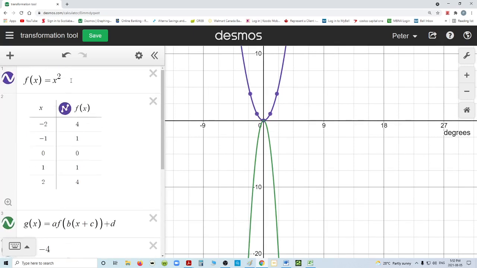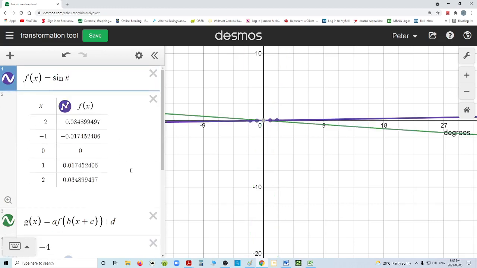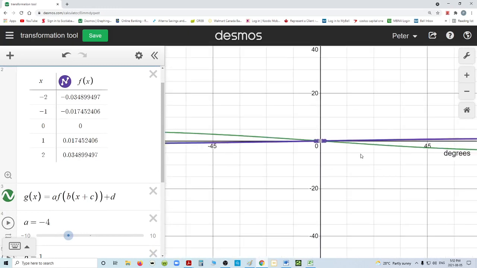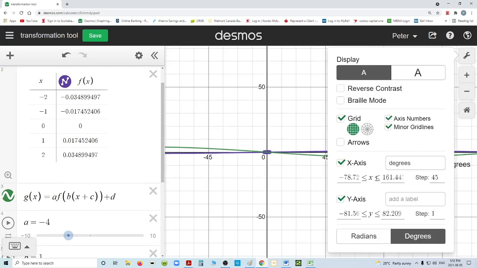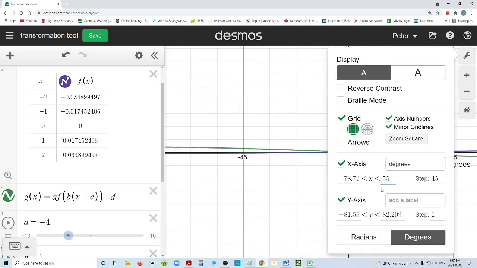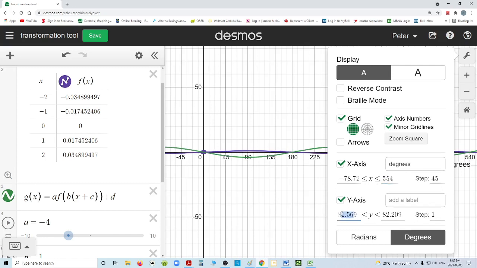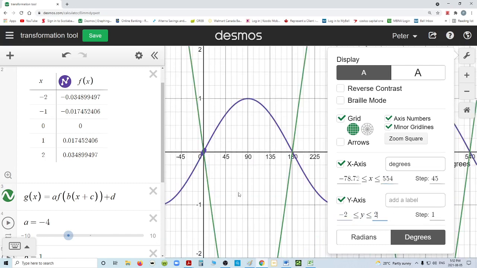And the nice thing is, no matter what the parabola, no matter what the function is, so if it's sine x, that transformation, and sorry, it doesn't look very good because of how it's drawn, but if we just go from 0 to 360, there, that'll do. There we go.